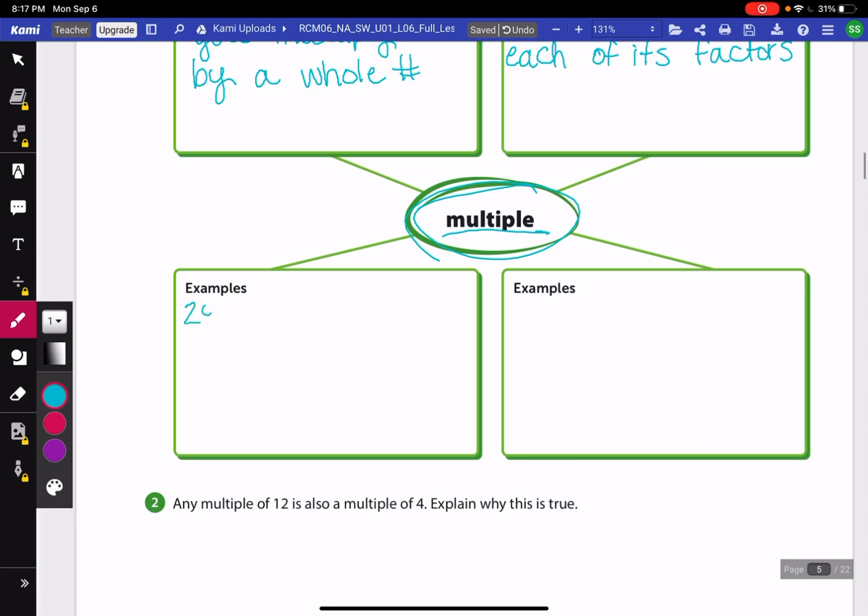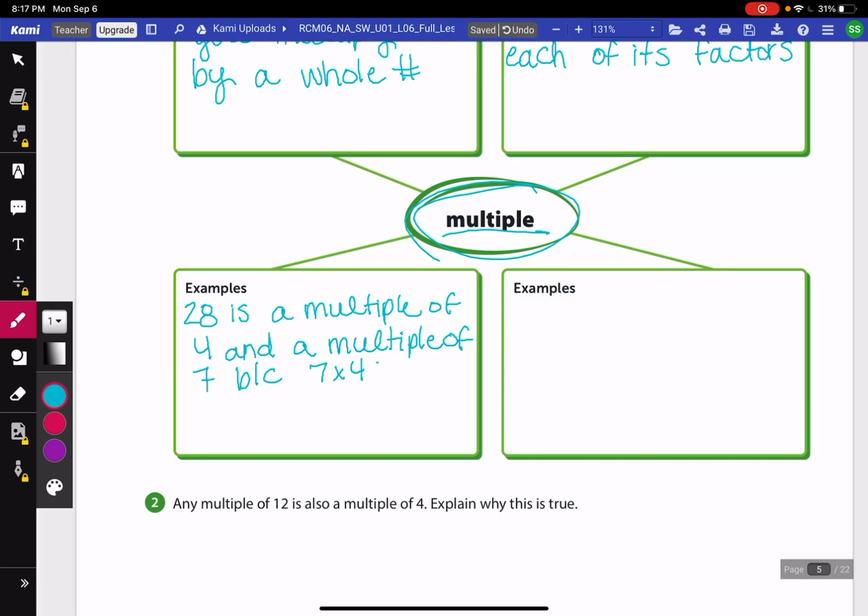So 28 is a multiple of 4 and a multiple of 7, because 7 times 4 equals 28.